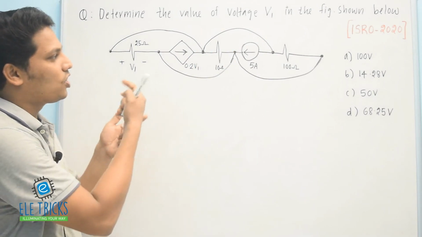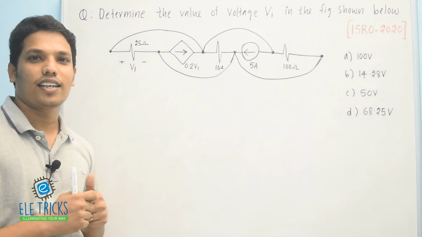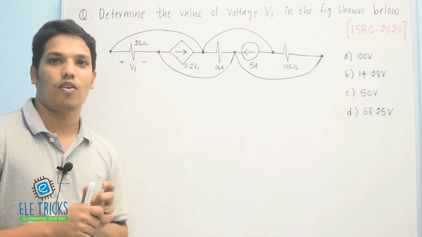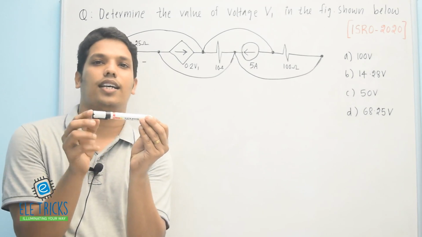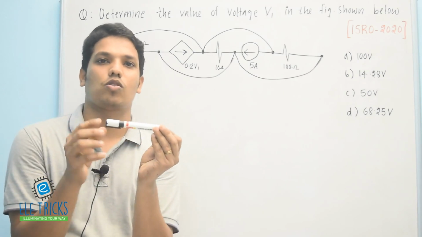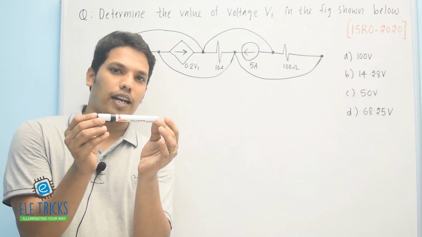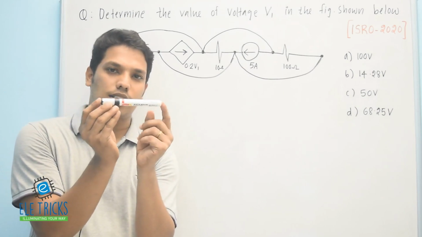So we can solve this by applying the equipotential concept. What do you mean by an equipotential concept? Consider this marker as some element like a resistance or capacitor. Then this is the first node and this is the second node.